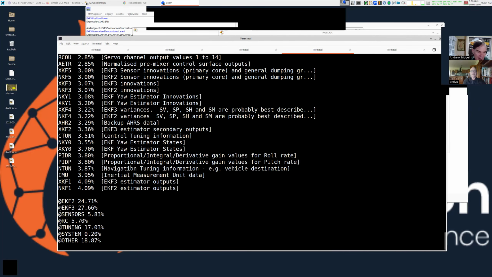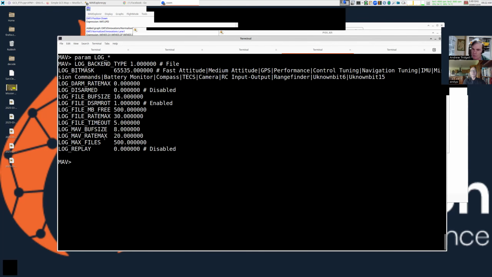So this tells us, for each of the messages, what percentage of the log was being used. Now, Stuart has both EKF2 and EKF3 enabled, which means that it's doubling up. But I can answer definitively for Stuart, your SD card is fine. It's coping, no problem at all. You don't have an issue with the rate of the logging.